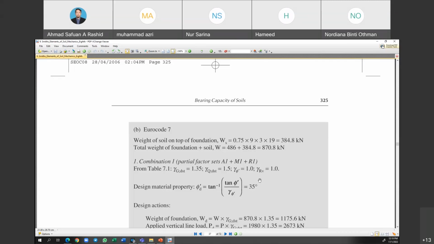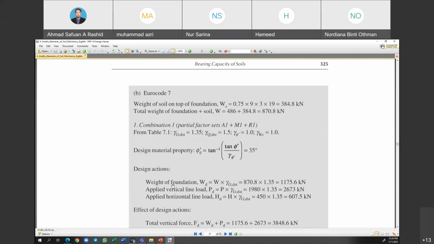Although it's slightly different, your NC, NQ, and N gamma will have a different value later on. So it can make an error when we want to calculate the last value for the resistance design.